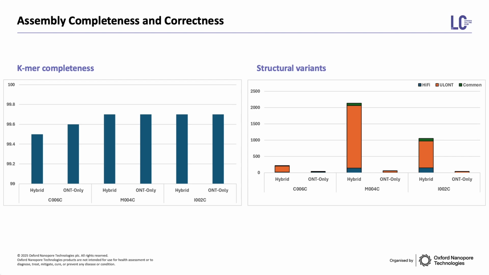Since our assemblies are from the reads, we shouldn't be finding many structural variations. If we are finding more, then it means there is an assembly error. As you can see from hybrid versus ONT-only, there are far fewer assembly errors made using ONT-only compared to the hybrid approaches.